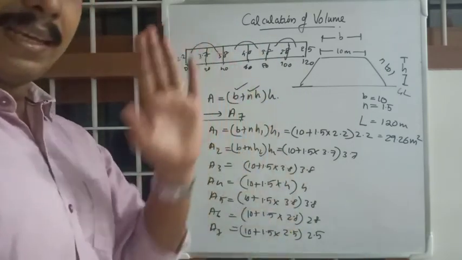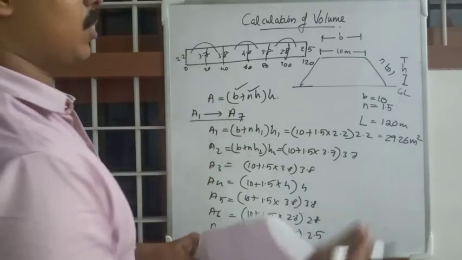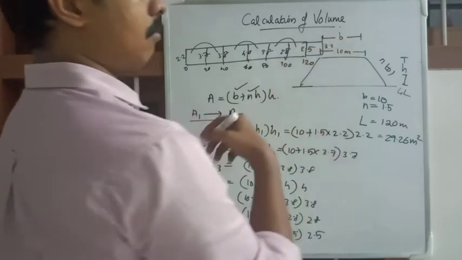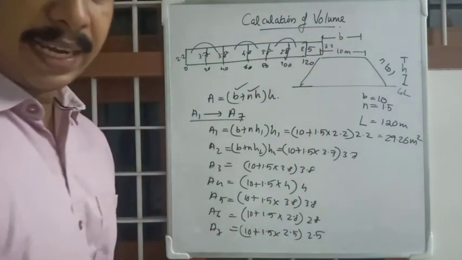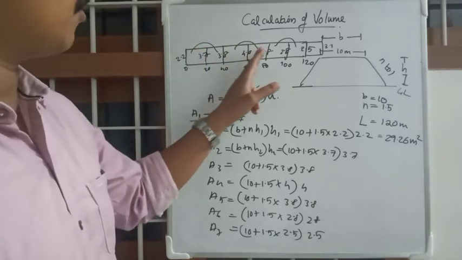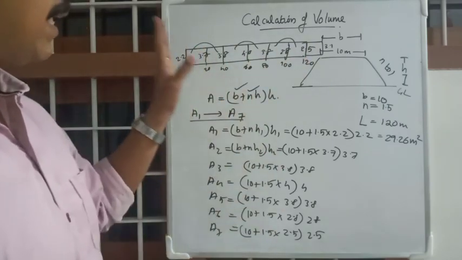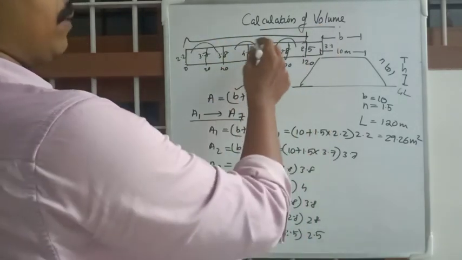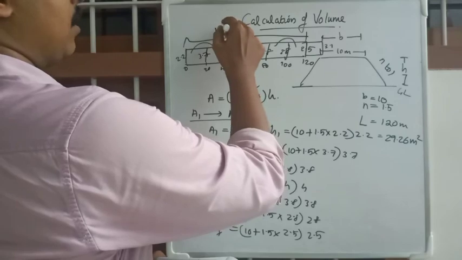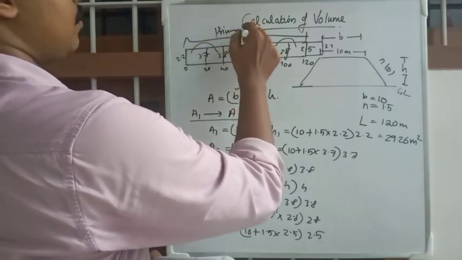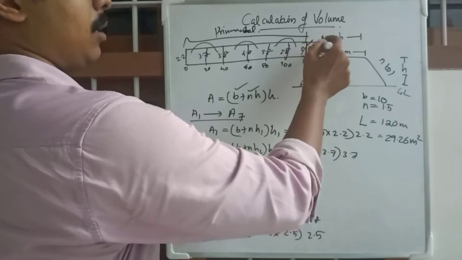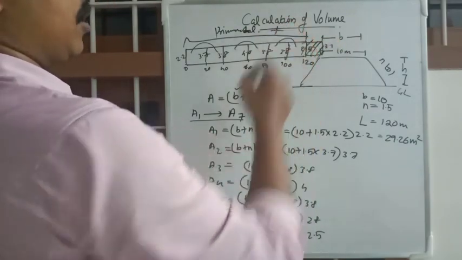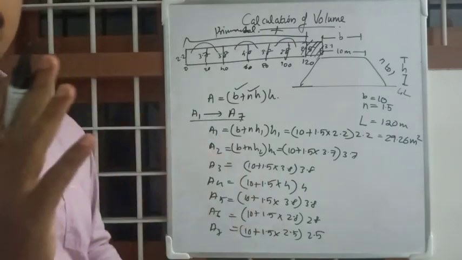Suppose you had one more section, a 7th division, as in the area calculation. Then you would calculate up to the 6th by the prismoidal formula, calculate the last one by the trapezoidal formula and add it to the prismoidal result, as we did in area calculation.